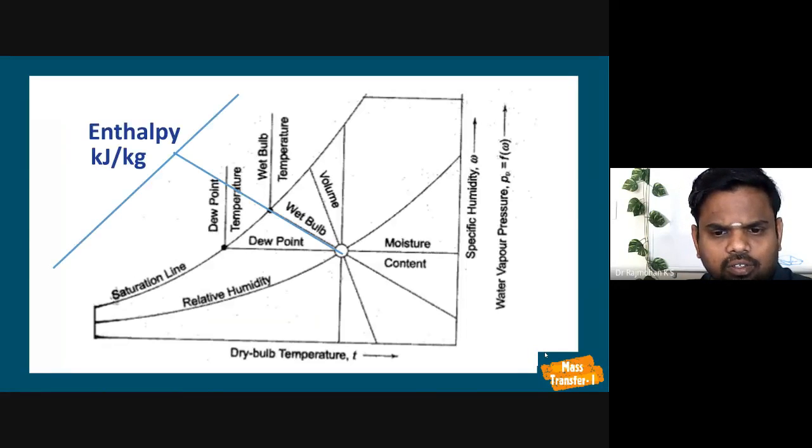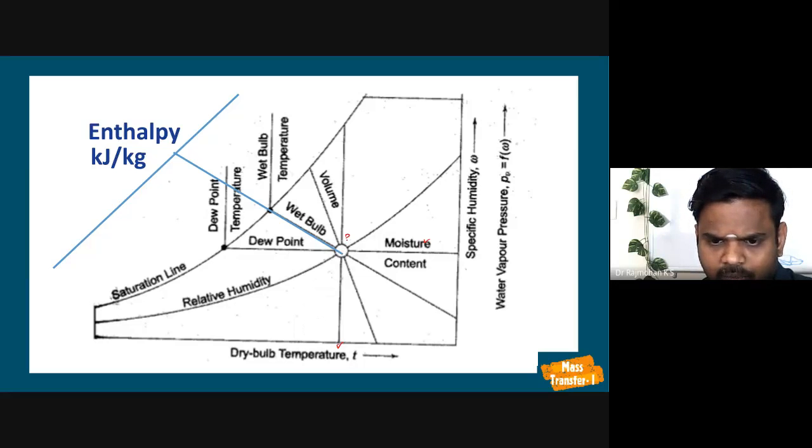See, how to make use of the psychrometric chart I have explained to you in lecture number 34, and in 35 we have solved some numericals. If any two parameters are known, we can determine the rest of the parameters. For example, if dry bulb temperature and moisture content are known, we can mark that point.